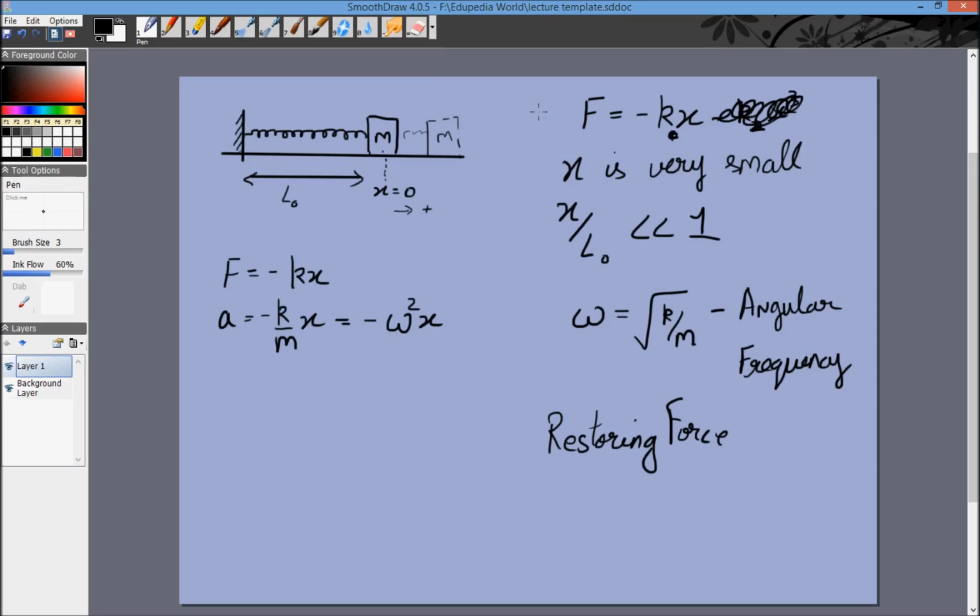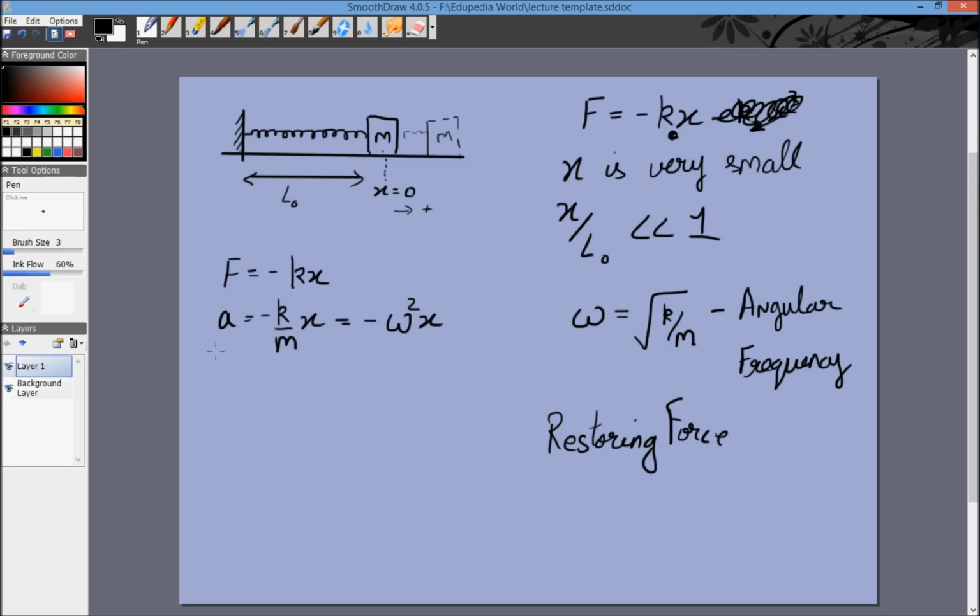The only way we would have periodic motion is if I displace it towards the right, the spring pulls it towards the left, and if I displace it towards the left, the spring pushes it towards the right. Okay, so a is equal to minus omega square x is the standard equation for a simple harmonic motion. Anytime we see an equation like that, we can assume that it's simple harmonic motion.